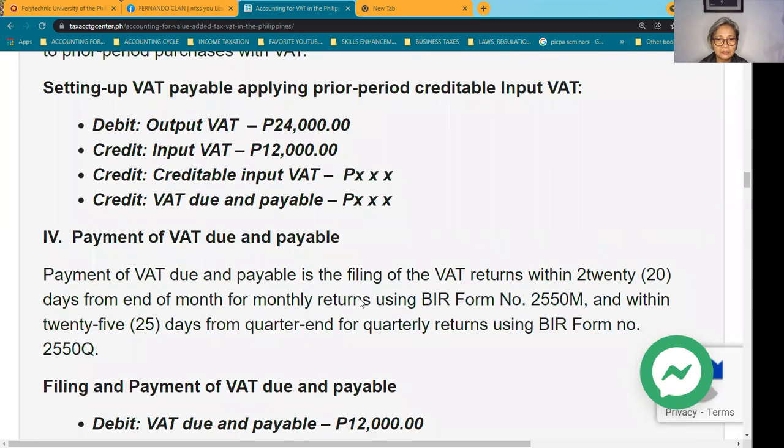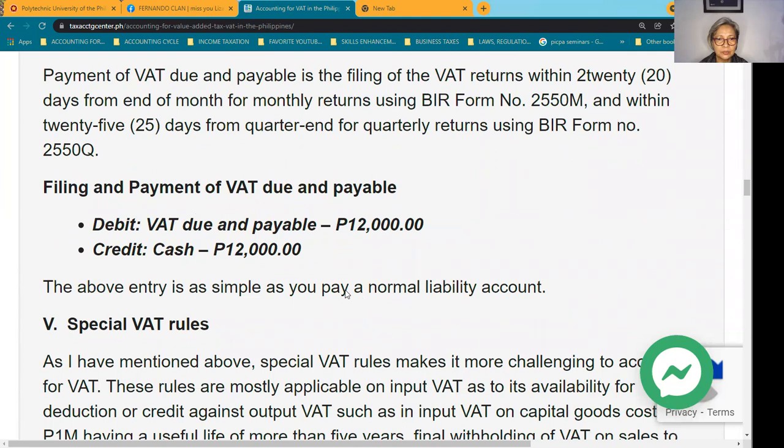So, pagka babayaran na natin yan, anong magiging entrada? Debit VAT due payable, credit cash. So, ibig sabihin, for the month of January, nabayaran na natin yung ating VAT liability sa BIR. Zero na yung ating VAT payable.